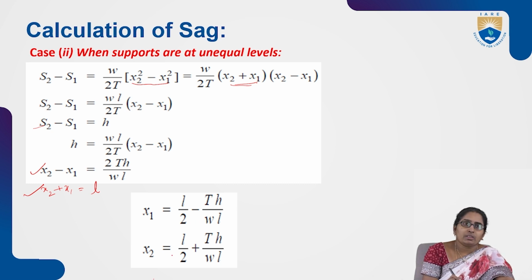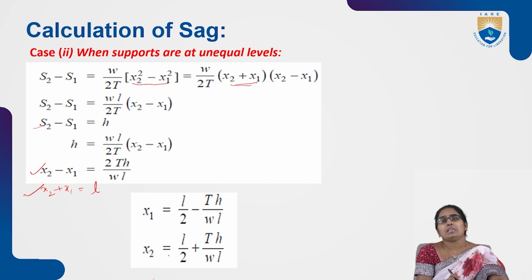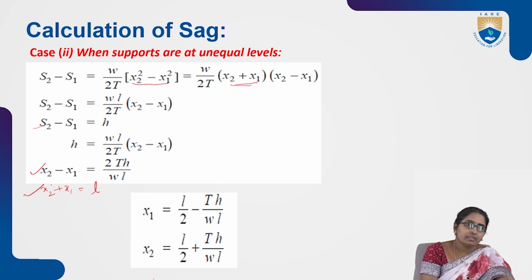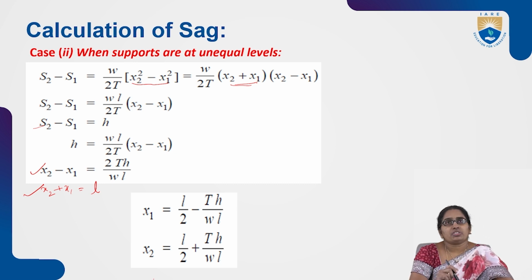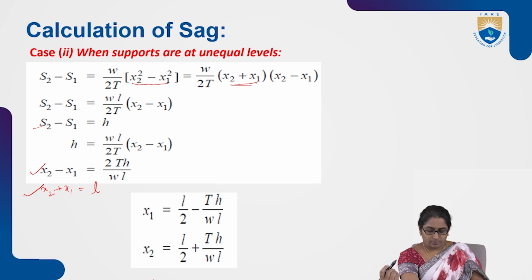All values are given. Similarly x2 is also calculated. Then we can calculate the sag. So this is the sag calculation when supports are at unequal heights, unequal levels.